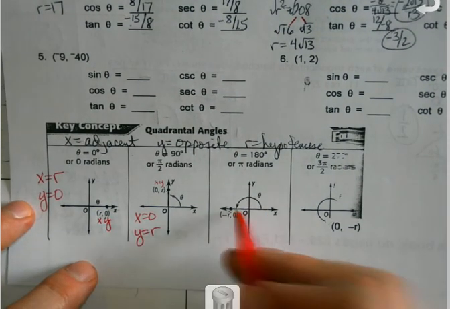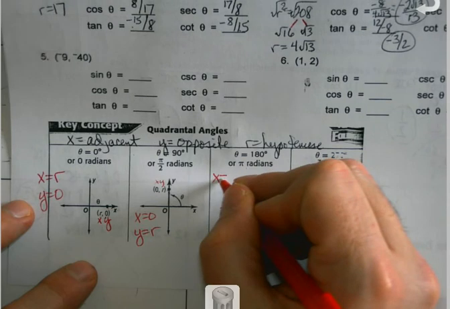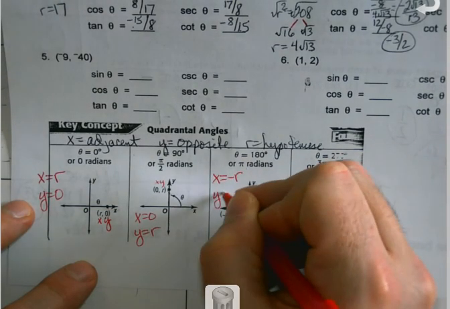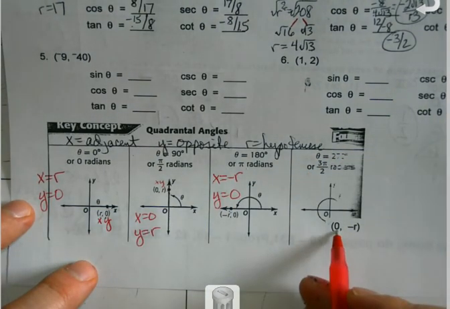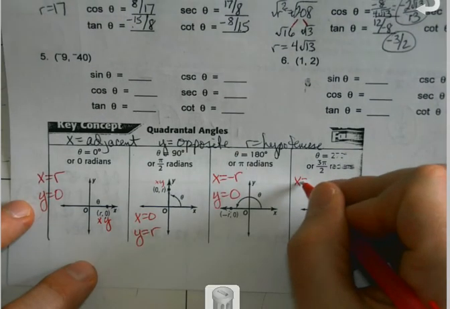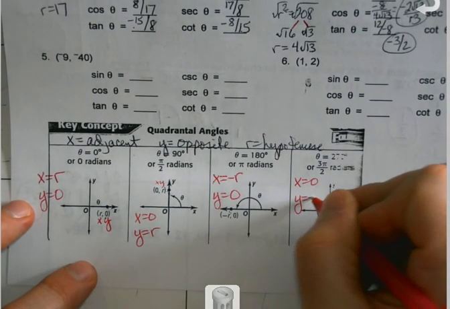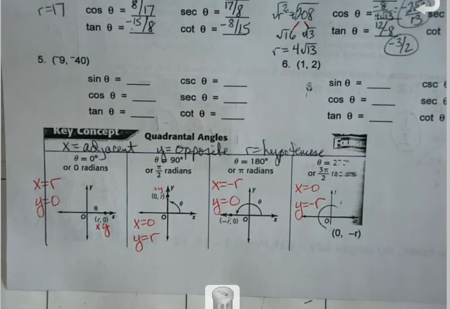But when we start moving from there, now we start getting into negative values. And when we make it down to that third quadrant, we get here. And you're like, okay, so I've got x, I've got y, I've got my adjacent and opposite. How's the hypotenuse work?